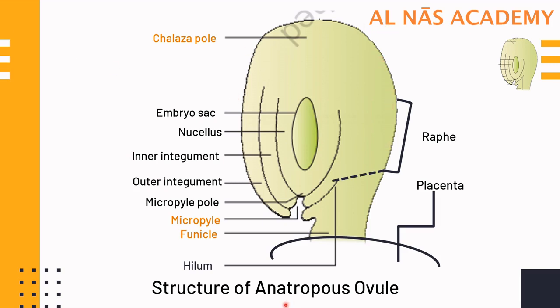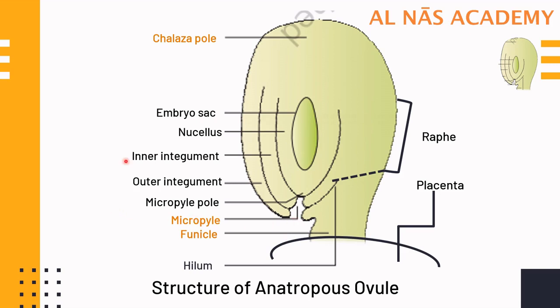The important thing to note is that the anatropous ovule is upside down. It has two parts, the funicle and the body part. The funicle extends to the body part, which is called the raphe, and the point of attachment is called the hilum. There is a small opening near the funicle, called the micropyle, through which the pollen tube enters.